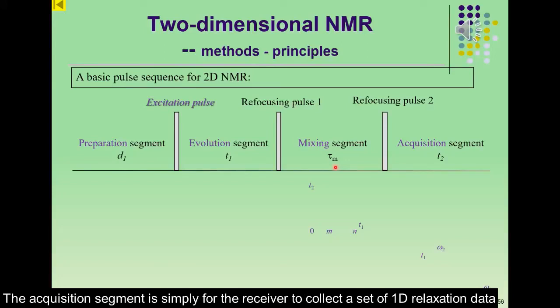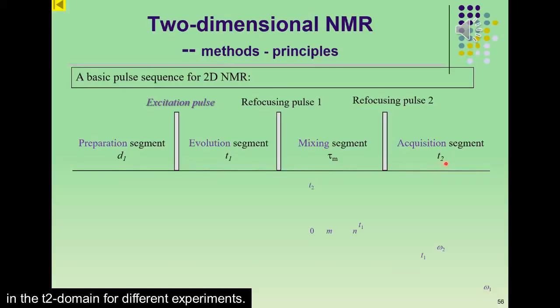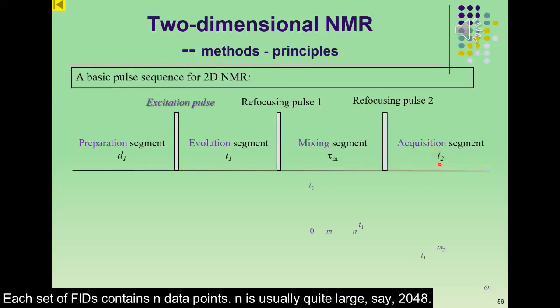The acquisition segment is simply for the receiver to collect a set of 1D relaxation data in the T2 domain for different experiments. Each set of the FID contains N data points. N is usually quite large, say 2048.